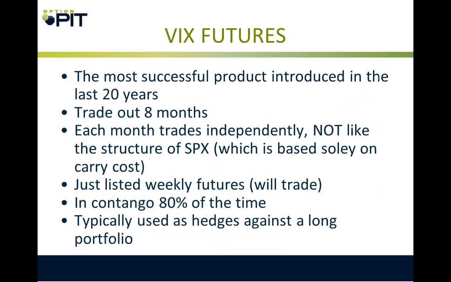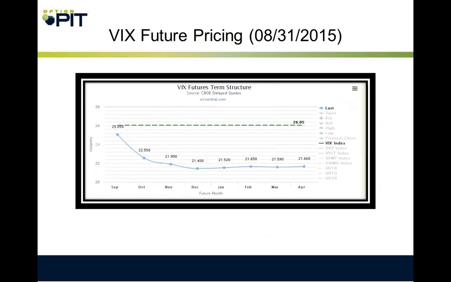So right now, September is moving closest to how the cash is moving. October is moving less than September, and so on. That is what causes this.